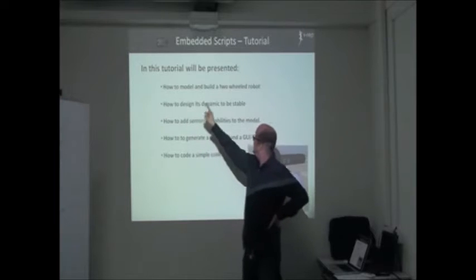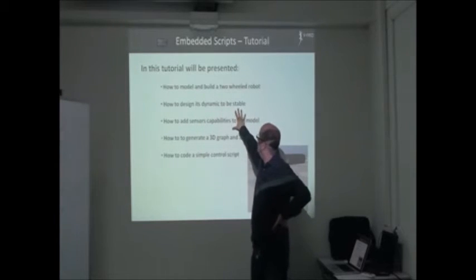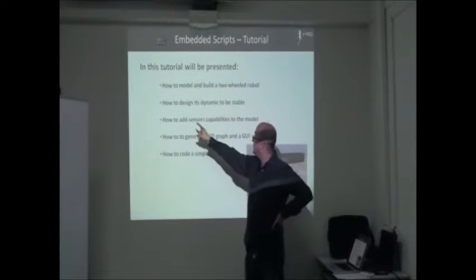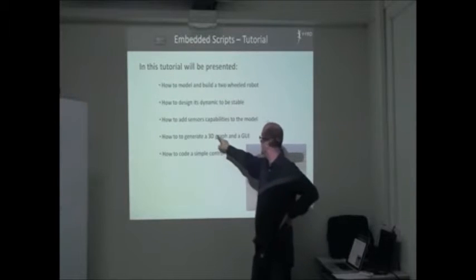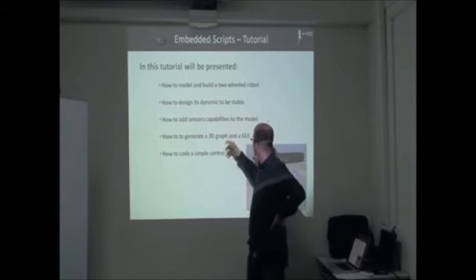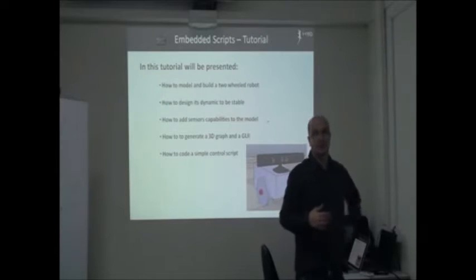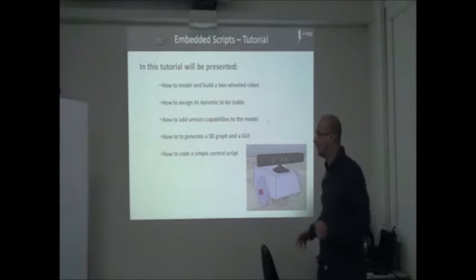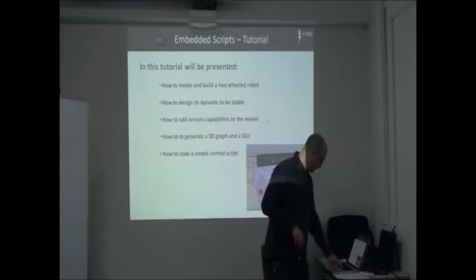Then we will be tuning its dynamic parameters to make it stable. And we will add some sensor capabilities. I don't think we will have time to do that, but it's very easy. And then we will use a script to control it and have a basic autonomous behavior that we're going to do right now.